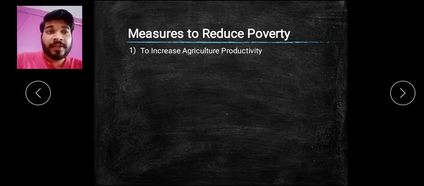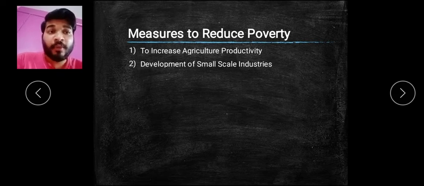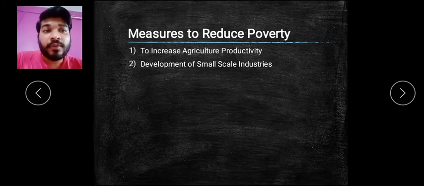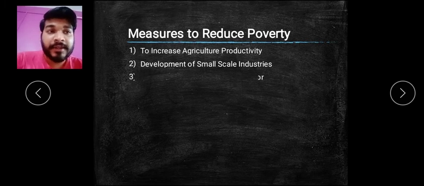So agricultural activities must be increased to reduce poverty. Second, development of small scale industry. We have seen in the causes of poverty that small and cottage industries are neglected, and they give more employment as well as more income to the country. So there should be development of small scale industries also.